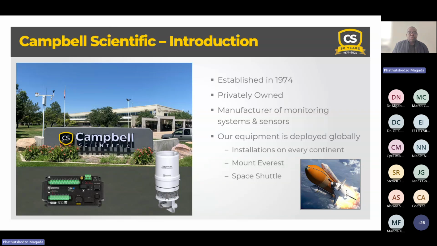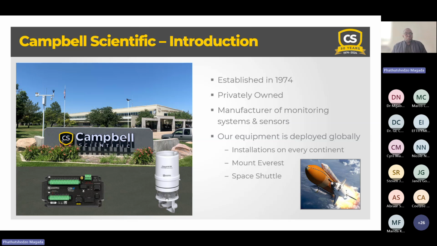Our equipment is deployed globally in almost all continents in the world, including a weather station on Mount Everest. Our data acquisition system was also deployed in the space shuttle.